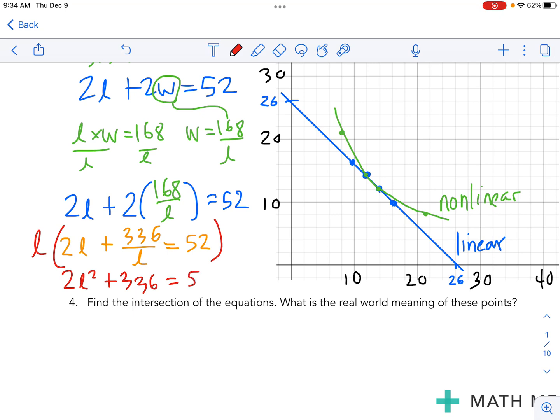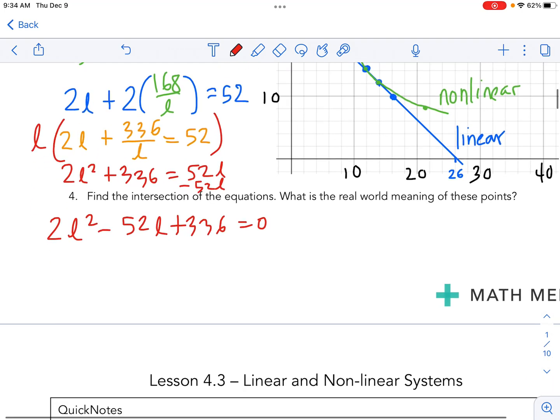So this is going to be now 2L squared plus 336 equals 52L. I'm going to bring the 52L over to the left, minus 52L plus 336 equals 0. So you notice I've got a quadratic equation, so I'm going to go for factoring here.